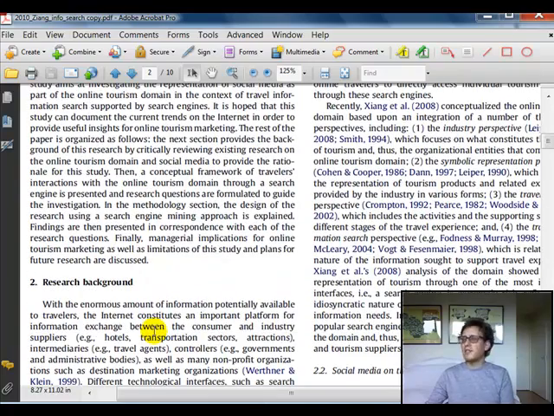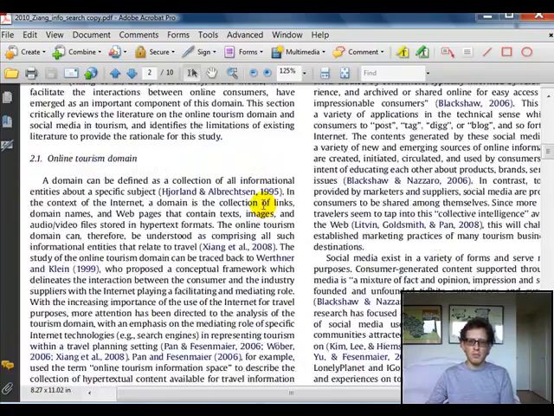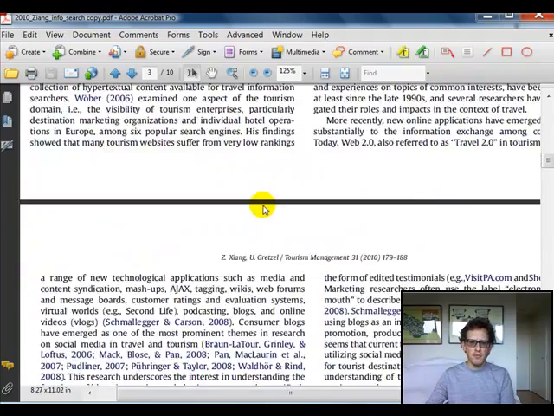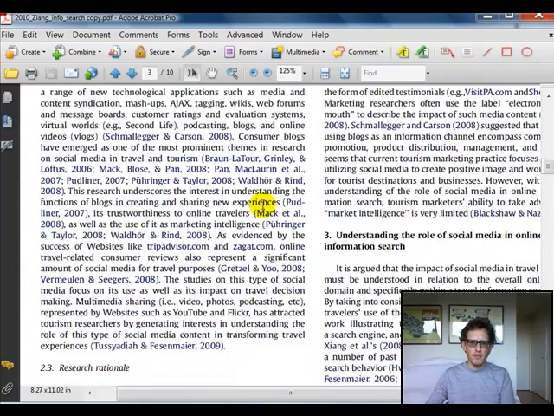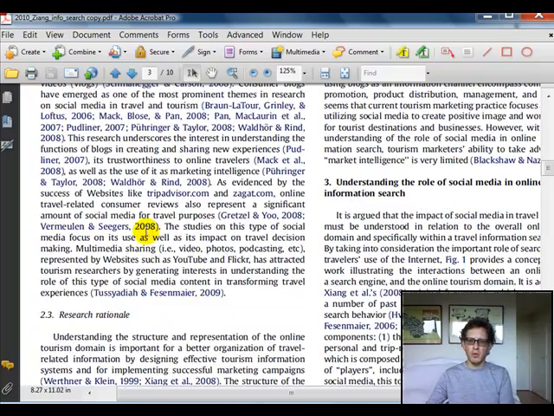Their literature review is not labeled a literature review, it's labeled research background. Here they go into a literature review. They have something here called a research rationale, where they try to give some arguments that the topic is important.